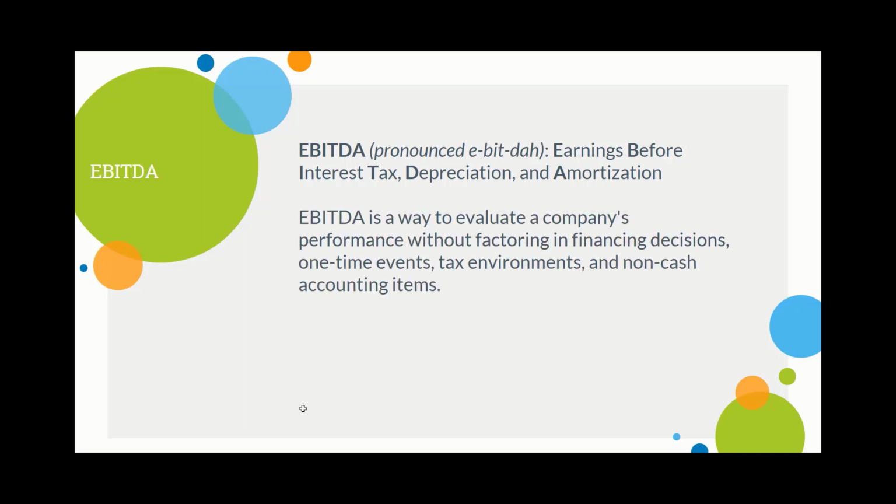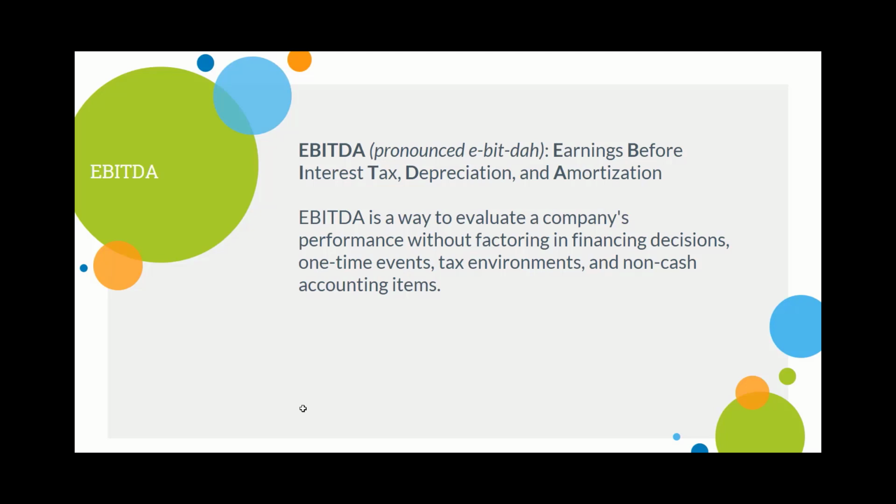So we're evaluating the company's performance without factoring in financing decisions like interest. If you have a lot of debt at your company, but my company doesn't, then that interest expense will play a big factor in net income. So we want to go above those financing decisions and look at the true profitability.